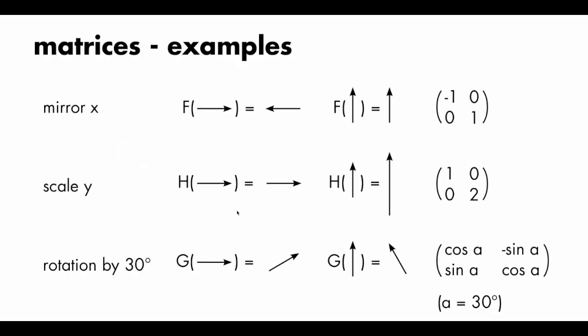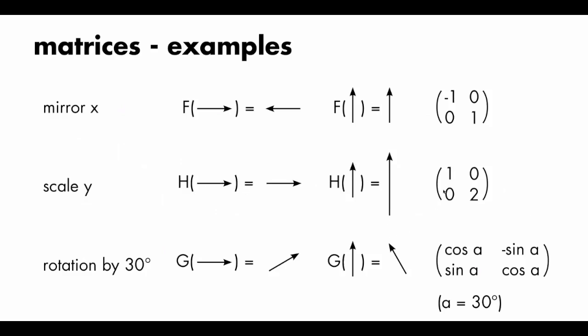Okay, now let's look at the linear maps again, in matrix notation this time. So our mirror: the right pointing arrow is flipped, multiplied by -1, so it points in the other direction. So we just write this as (-1, 0).